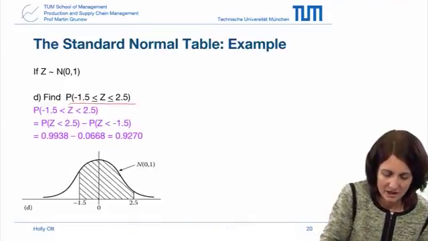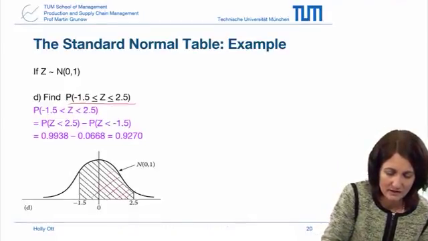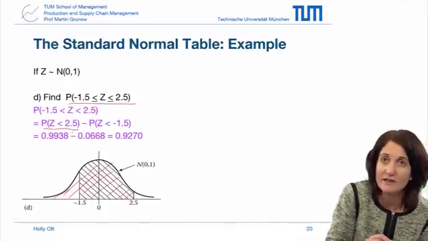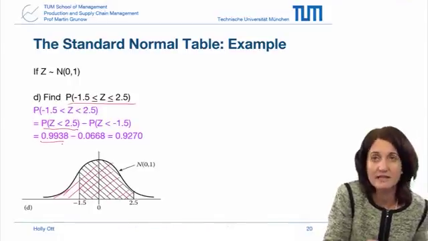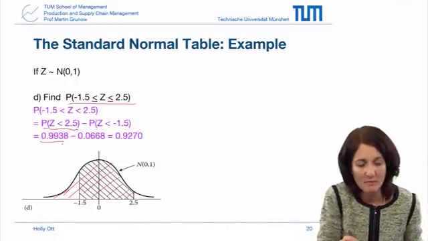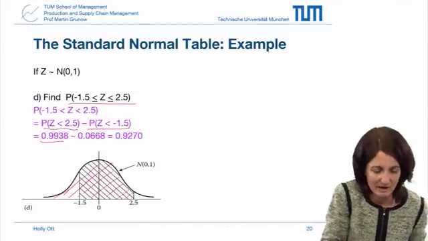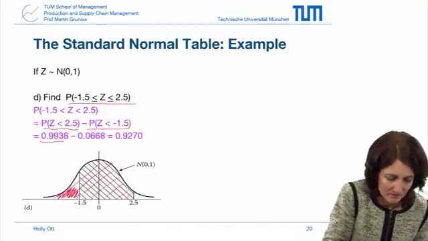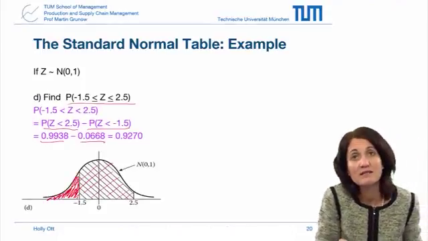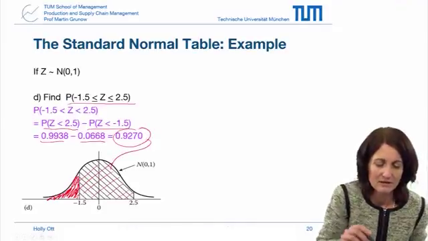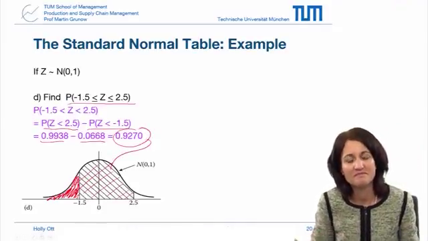We can take the proportion of the population that is less than 2.5. We get that from our table. We've got 99.38% minus the proportion that is less than minus 1.5, which is just down here, which is a smaller number, only 6.68%. And this will give us the part in the middle.